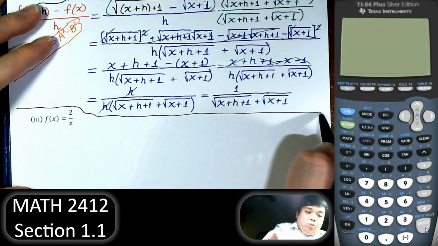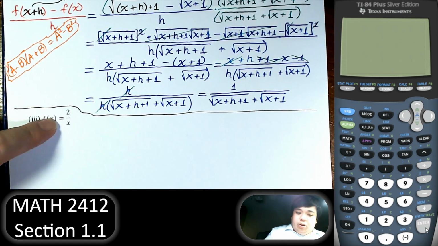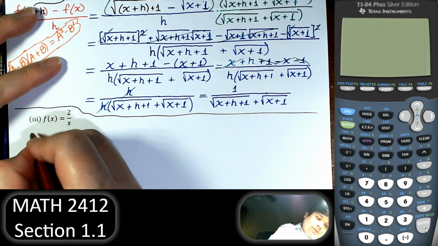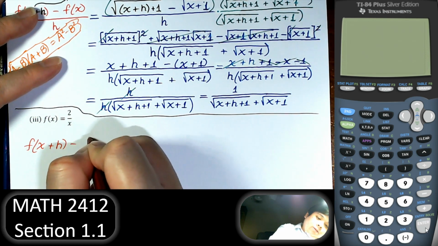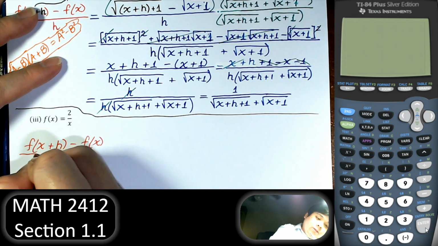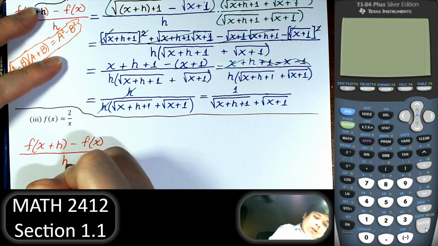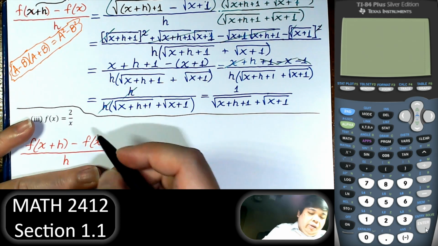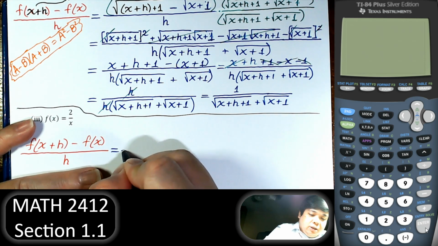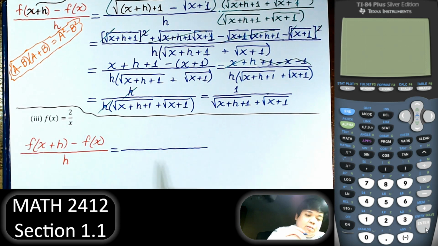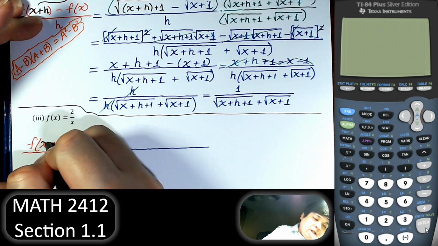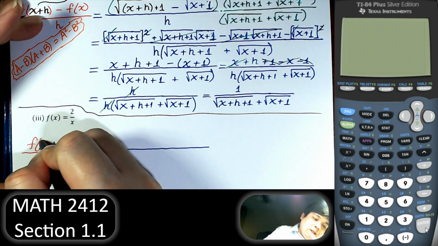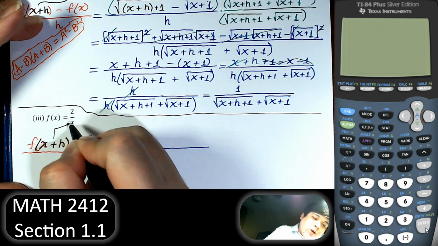Next, we find the difference quotient for this function. Difference quotient: f of x plus h. So we will put x plus h into x.